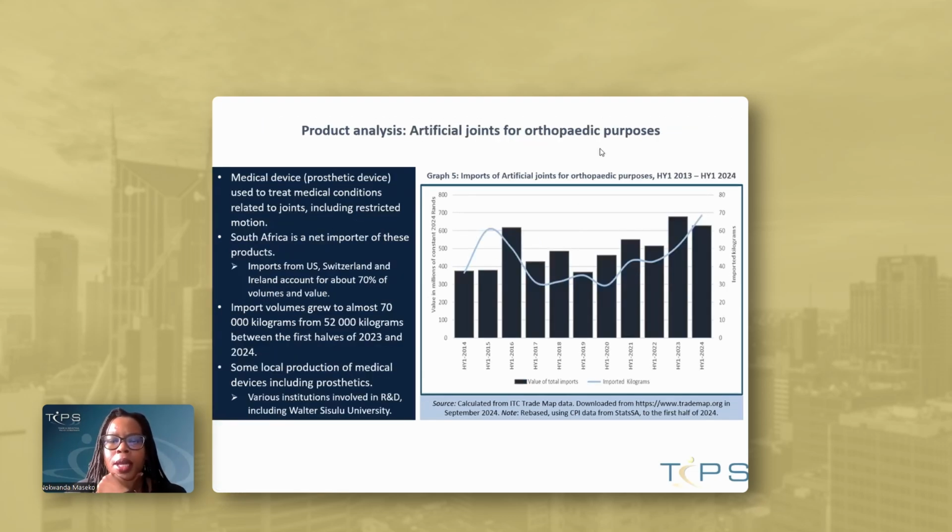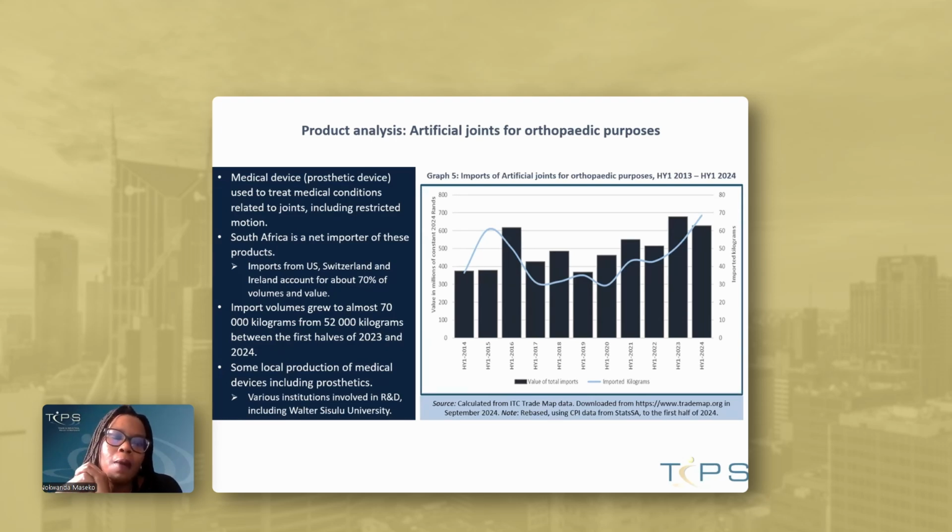And then the next product is artificial joints for orthopedic purposes. These are medical devices, or essentially prosthetic devices, that are used to treat medical conditions related to joints and restricted motion, such as arthritis and hip replacement.